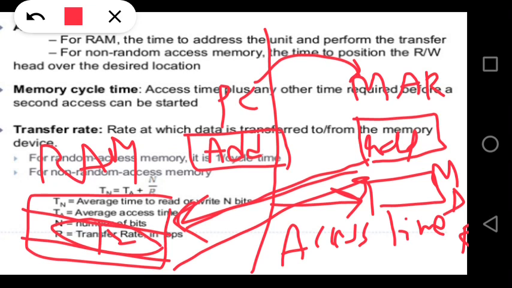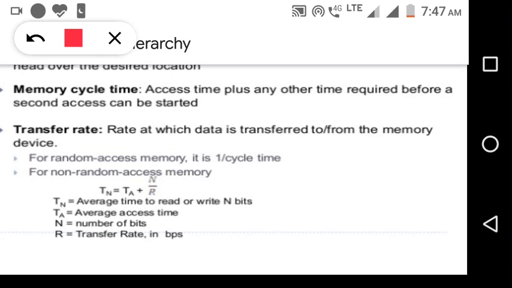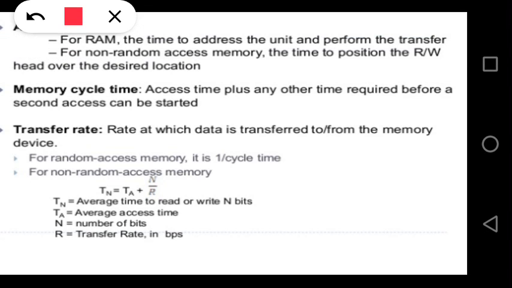And the same definition of access time slightly changes for secondary memory: the time to position the read-write head over the desired location. It's really important to understand how access time is defined for secondary memory. Remember, secondary memory is made up of magnetic disks, magnetic tapes, or optical disks.